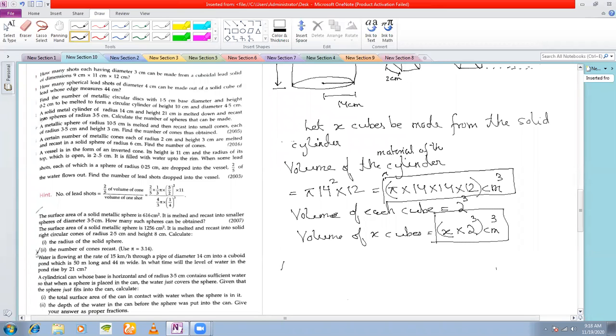So according to the problem, the volume of the material of the cylinder is equal to the volume of x cubes.